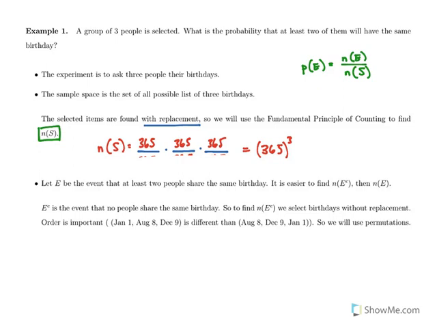Now let's let E be the event that at least 2 people share the same birthday. And we're going to note that it is easier actually to find the number of the complement instead of the actual event. So the complement here is the opposite of at least 2 people sharing the same birthday. That means that no one shares the same birthday.